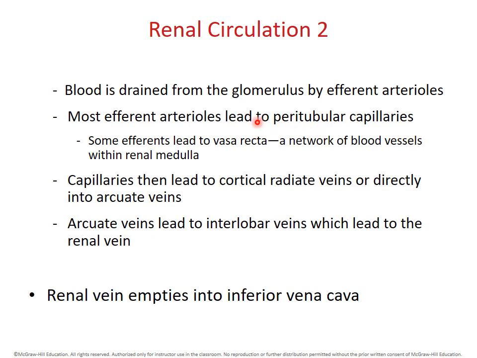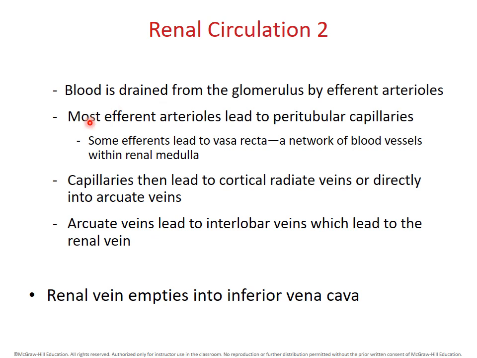Now, there is a part of the nephron that forms a loop that dives down into the medulla, because remember, at this point, we're up in the cortex. Remember, the afferent arteriole branched off the cortical radiate artery. So most of this vascularity that we've been talking about up here at the microscopic level is in the cortex. But there is a part of the nephron, a loop-like structure that dives down into the medulla.